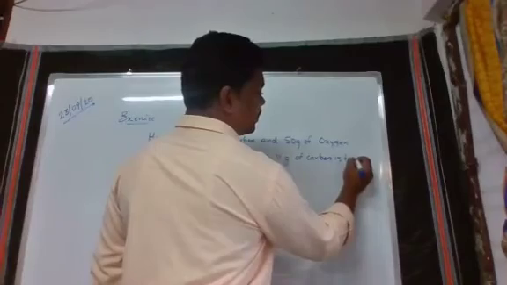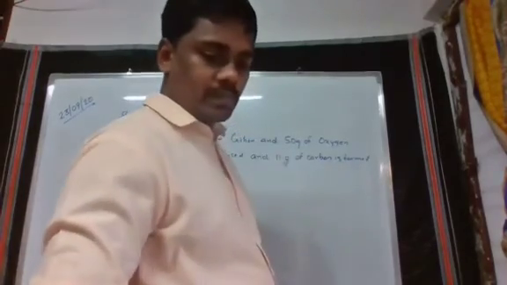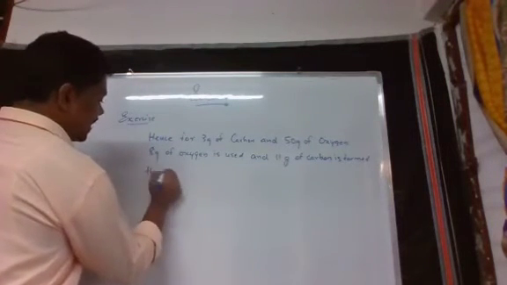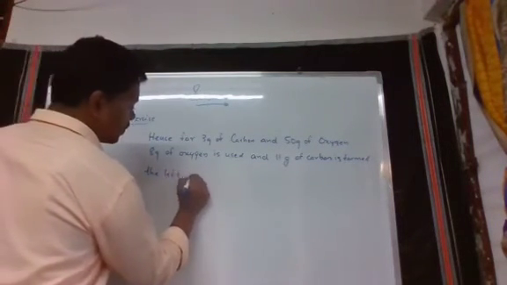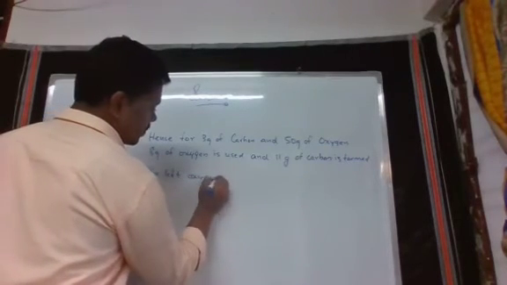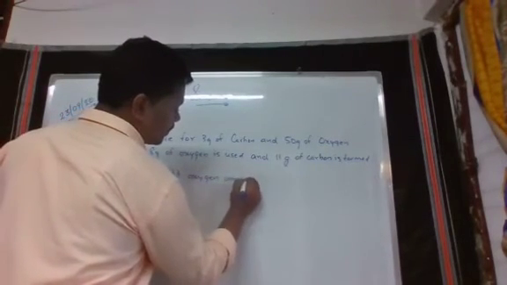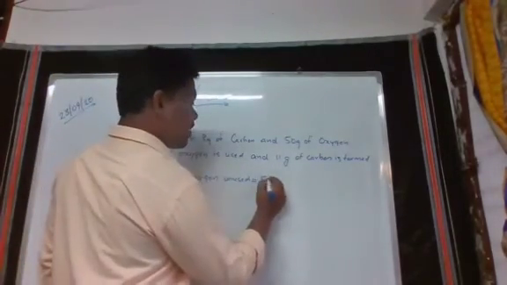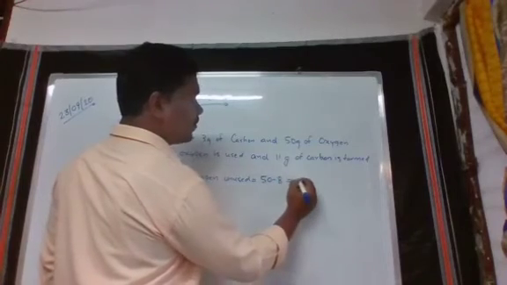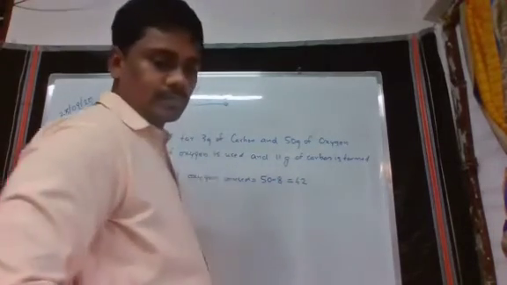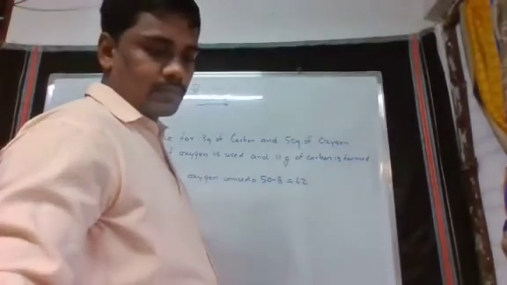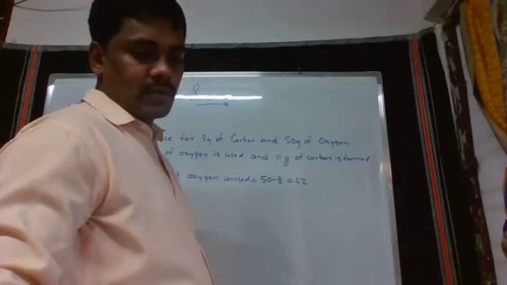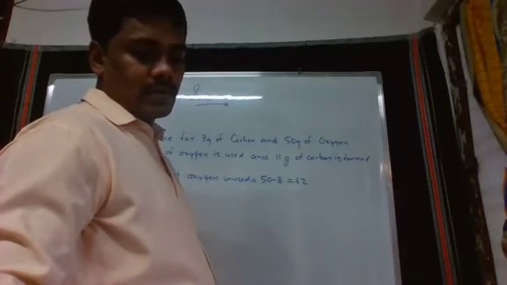The leftover unused oxygen is equal to 50 minus 8, which is 42 grams. Carbon dioxide is formed.